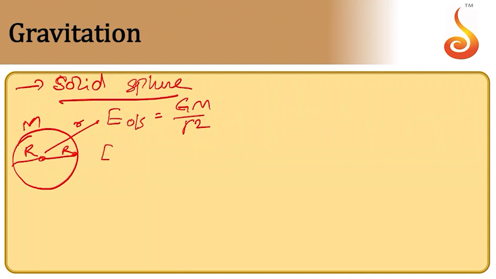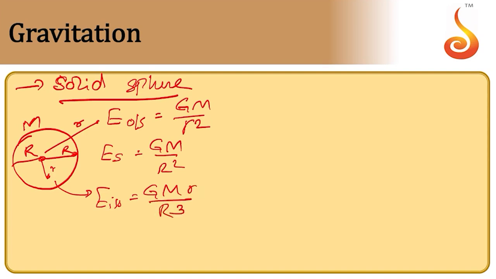At a point on the surface, it is Gm divided by capital R square, while that at a point inside is given by Gmr divided by R cube. Small r is this distance from the center. So notice that inside, the gravitational field is directly proportional to its separation from the center.